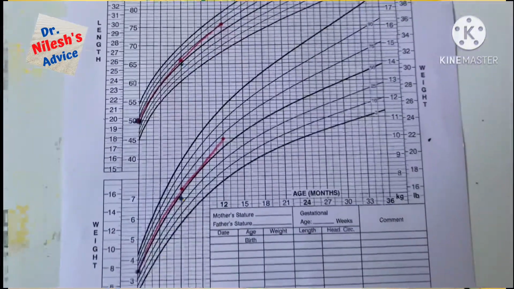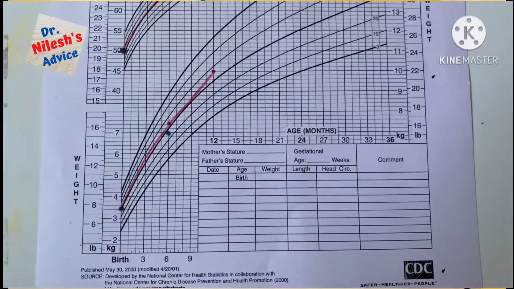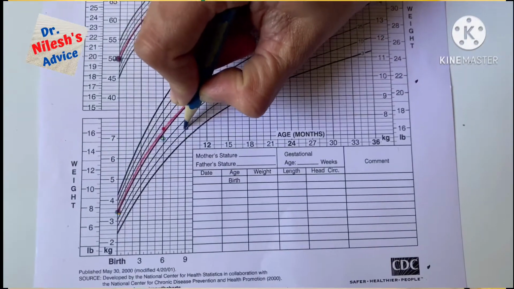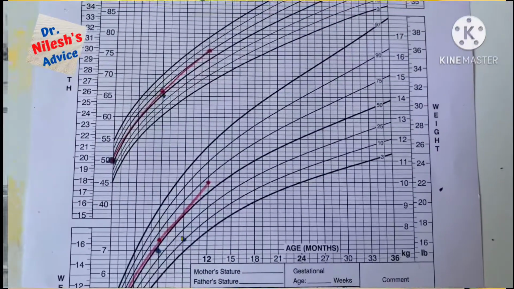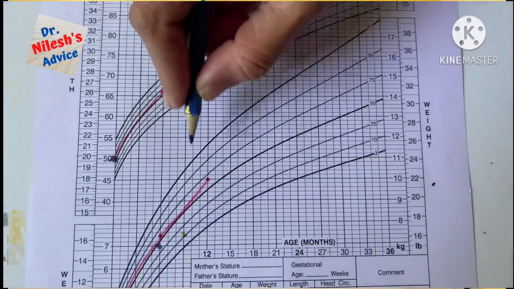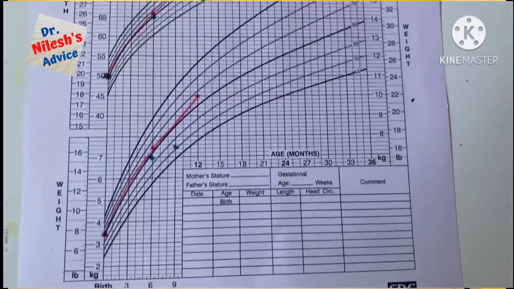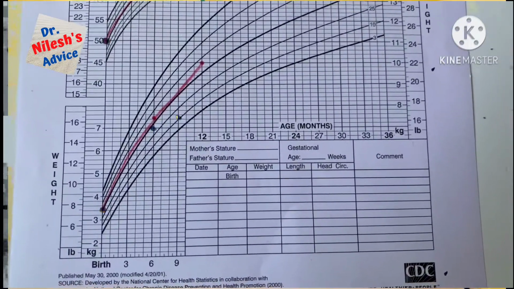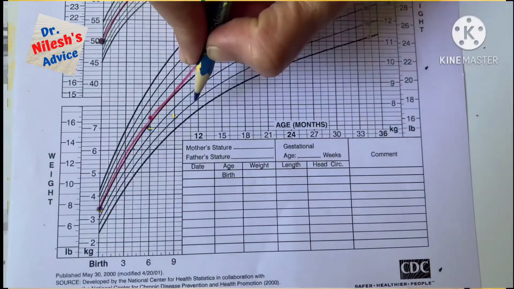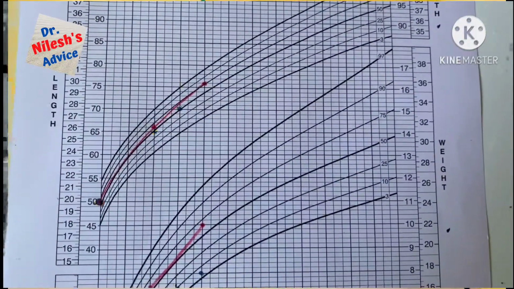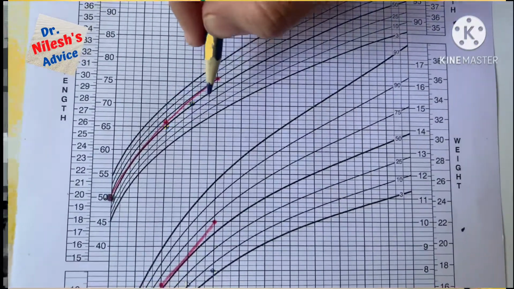At 9 months of age, baby's weight is 7.5 kg and height is 70 centimeters. At 1 year of age, baby's weight is 8 kg and height is 72 centimeters.